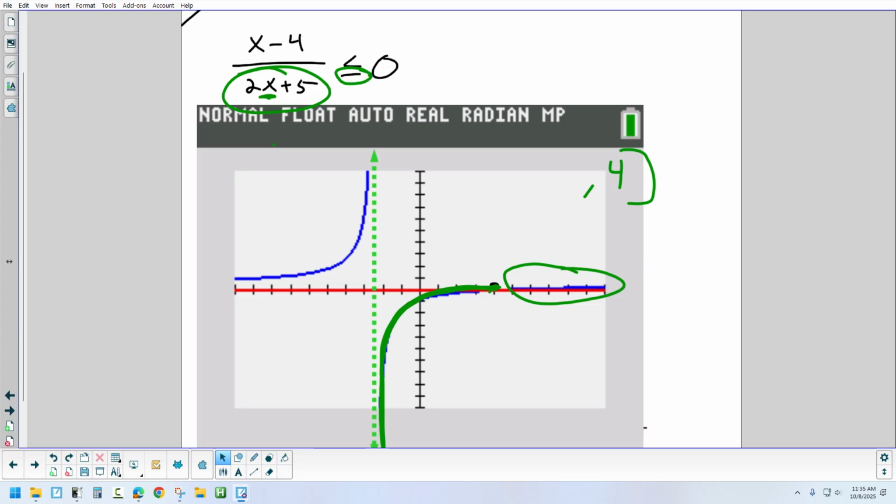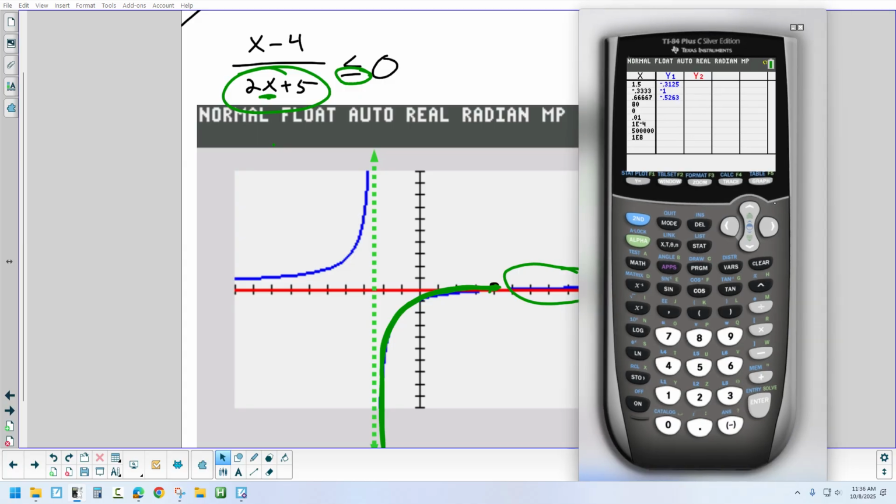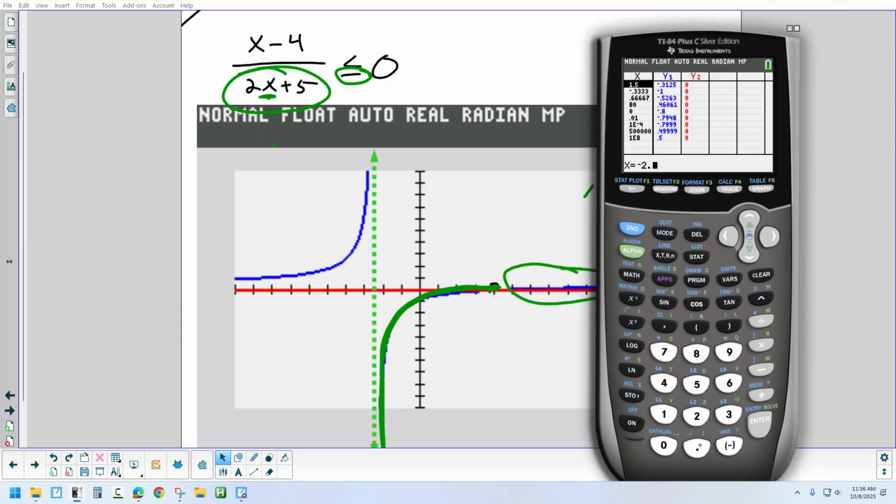What do you think? Does it look like that is a boundary that this green solid line is never going to cross? Yeah, and that's what it is. You can also go to your calculator, go to your table, type in -2.5. What does it say? It says error, because you're trying to divide by 0.